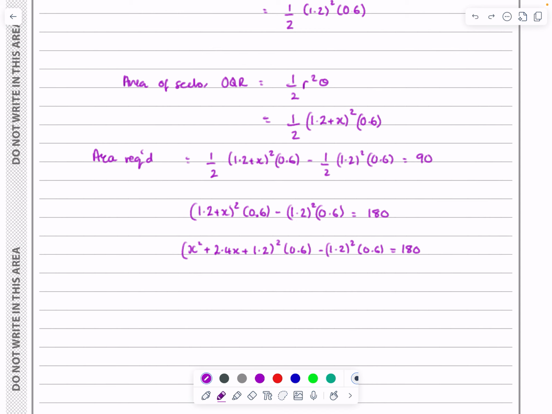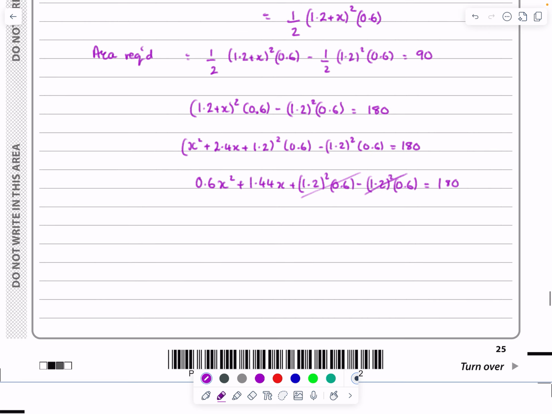So when I'm doing that, I'm going to get 0.6x squared plus 1.44x, and then I'm going to say plus 1.2 squared times 0.6 minus 1.2 squared times 0.6 is equal to 180. Those two will just cancel each other out.